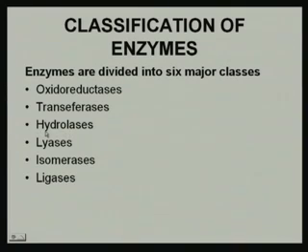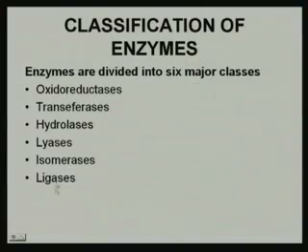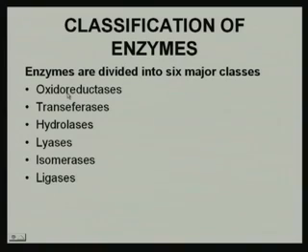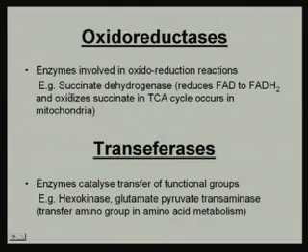Then this enzyme hydrolase is further classified based on its characteristics and behavior, and that is the reason this sequence is so important. When someone is talking about 1 point something, that means they are talking about the first group of enzyme, that is the oxidoreductase group of enzyme.